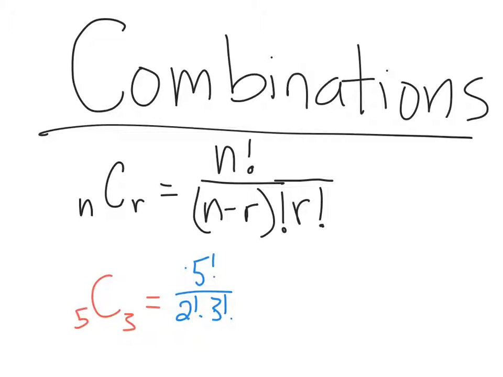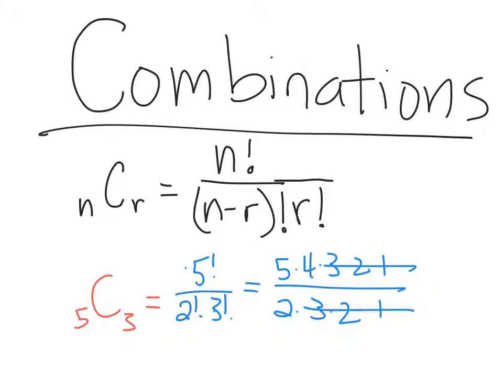That's the r in this. 5 times 4 times 3 times 2 times 1 divided by 2 times 3 times 2 times 1. The 3 times 2 times 1 goes away. We're left with 20 over 2, better known as 10.